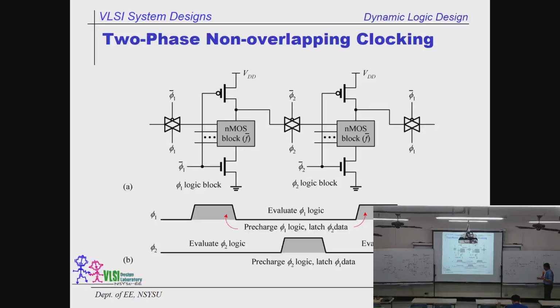And the realization of this clock generation, you cannot do this. The clock comes in, and then you go to the inverter. There's a phi 1, there's a phi 2. If you do it this way, I guarantee it won't work. It's impossible because there is a delay.